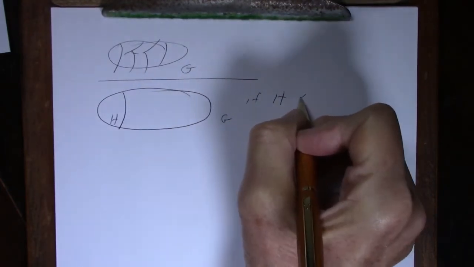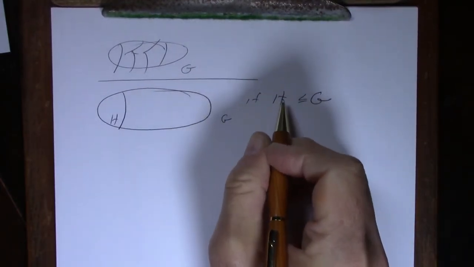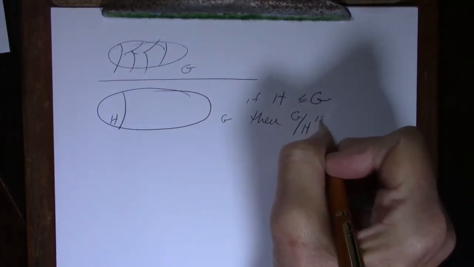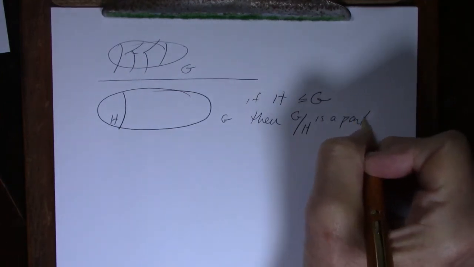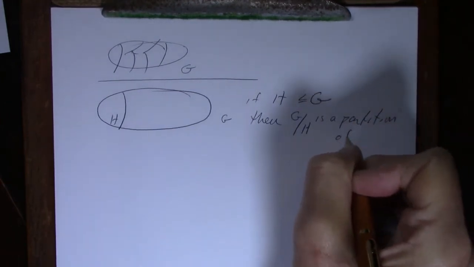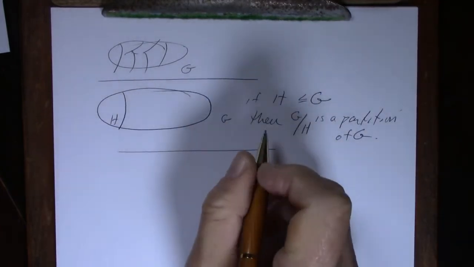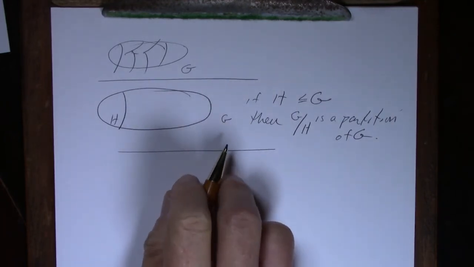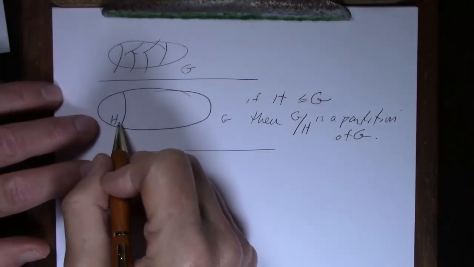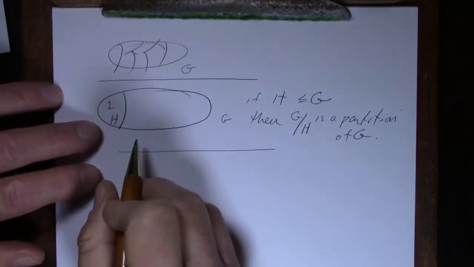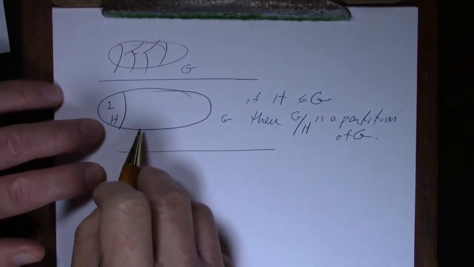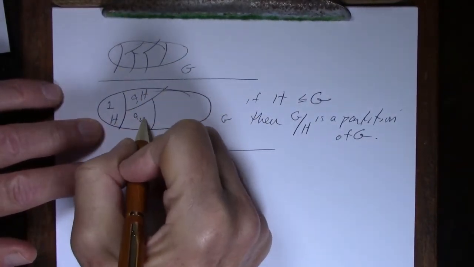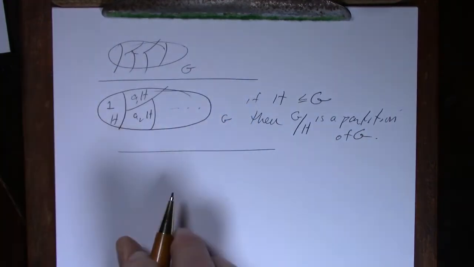If H is a subgroup of G, doesn't have to be normal, then the family of cosets is a partition of G. And I'll let you prove that yourself. Okay. So this is a natural place to get partitions, is to take a subgroup, and the identity will be in here, so H will be the special block, and then take the cosets, A1H, A2H, and so on.